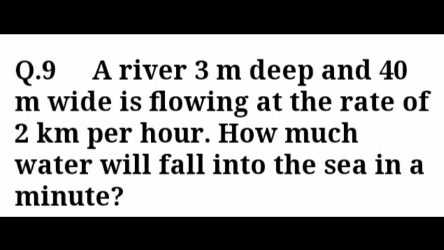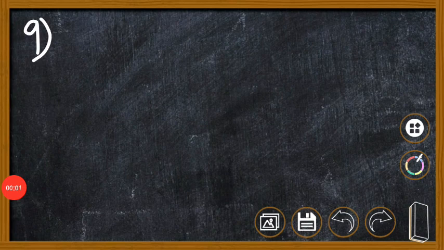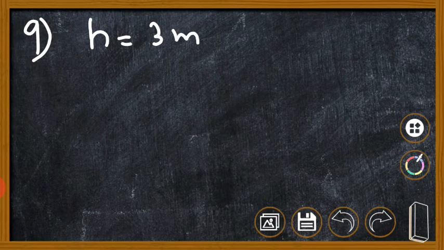A river 3 meter deep and 40 meter wide is flowing at the rate of 2 km per hour. How much water will fall into the sea in a minute? A river 3 meter deep. So what is H? H is equal to 3 meter. And 40 meter wide, that means breadth is equal to 40 meter. And this river is flowing at the rate of 2 km per hour.